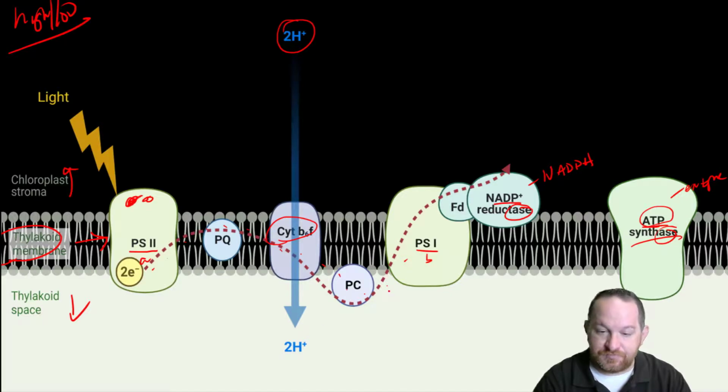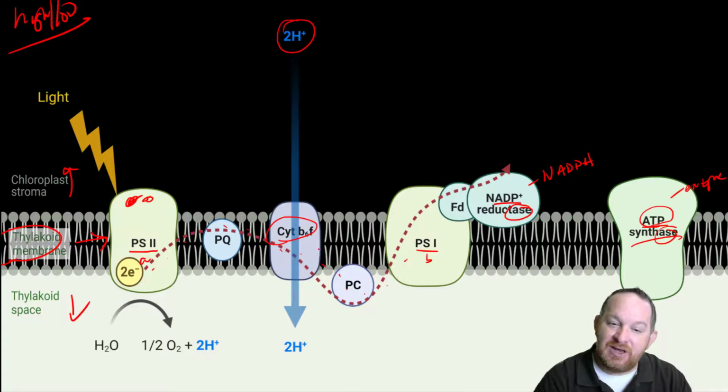Now, the hydrogens come in, but something else needs to occur. Photosystem 2, if we think about it, just lost some electrons, right? And electrons are going through the chain. Well, it needs to replace those electrons so that light can come down and excite them again and send them through here. The thing that replaces the electrons is that they actually come from water.